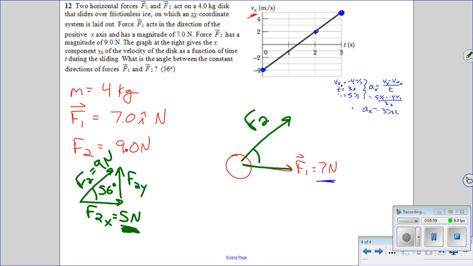Well, remember, F1 is horizontal, right? So the direction of F1 is the same as the direction of F2x, right? And so when we found this 56 degrees between F2 and the horizontal component, that's the same as finding the angle between F2 and this horizontal vector, F1. There we go. All right.